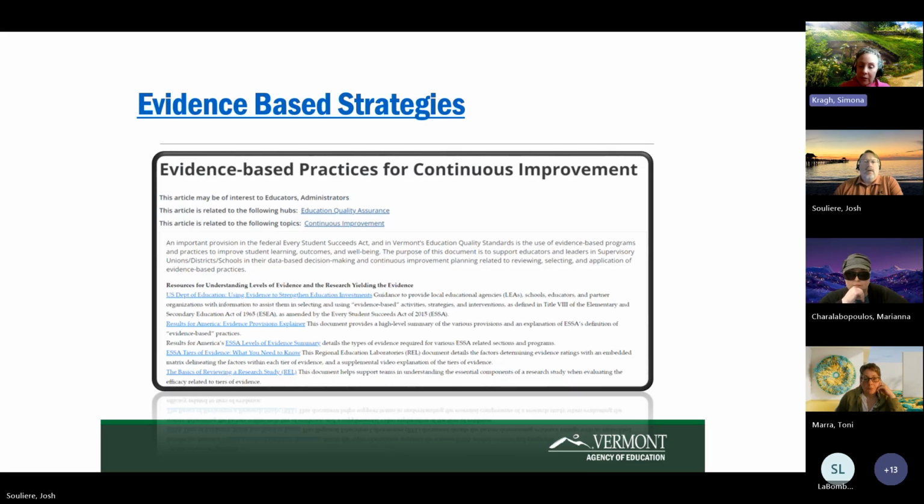The AOE website contains useful resources for understanding, selecting, and implementing evidence-based practices. We, as EQ team, are available to assist in the development of the CIP, either directly or by facilitating contact with subject matter experts. We're also formalizing in-depth support procedures to assist the schools identified for comprehensive and targeted support and improvement.